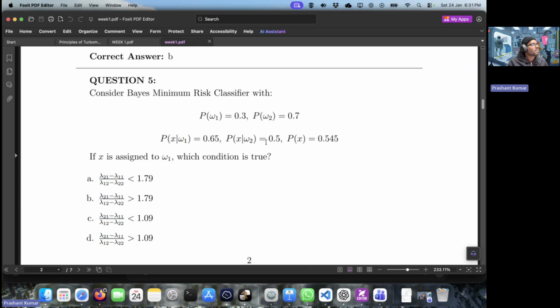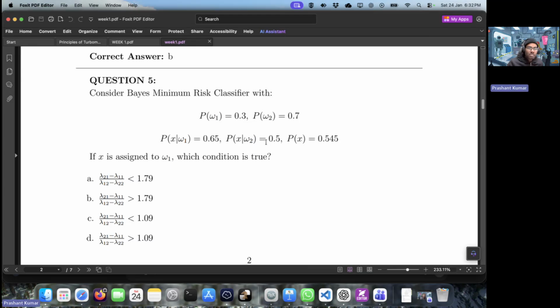You can simply multiply W1 W1 and W2 W2. This gives 195, and this gives 350.